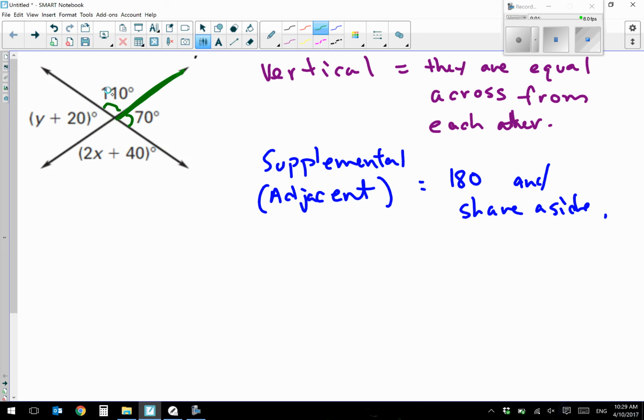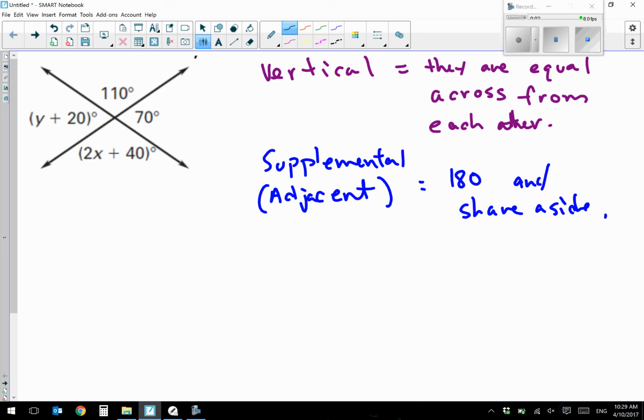You can see 110 plus 70 is 180. Another shared angle will be, for example, right here, this one and this one. They share this side, and these two add up to 180. Another one here is, for example, this one and this one. They share this side. So usually you're looking for one of these two things. You're adding to 180 or you equal each other.